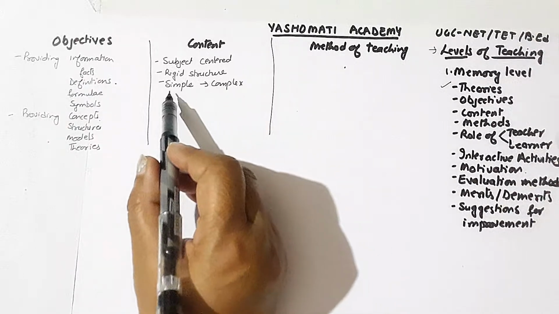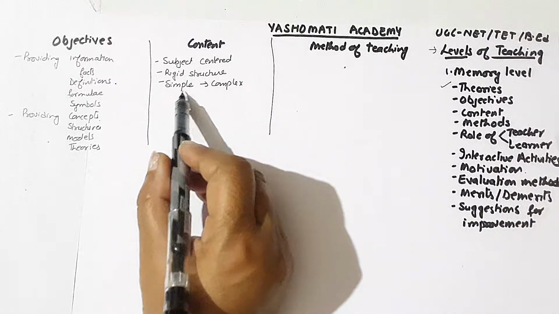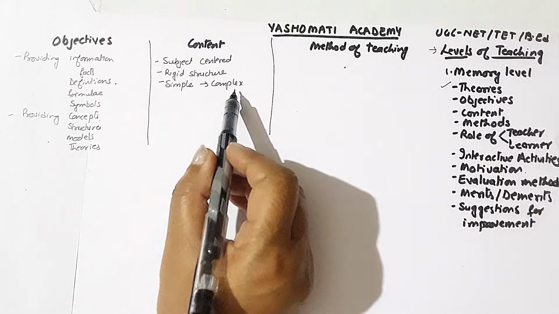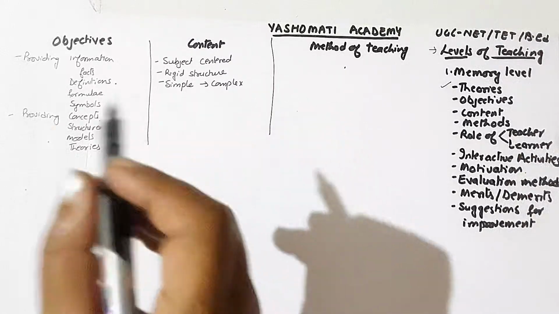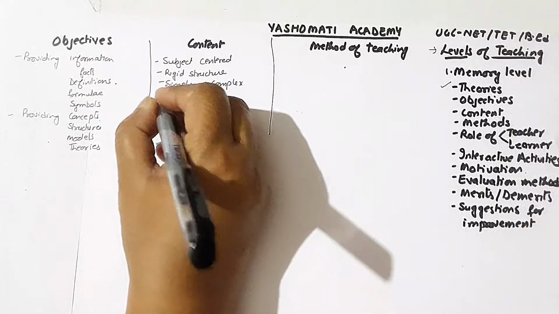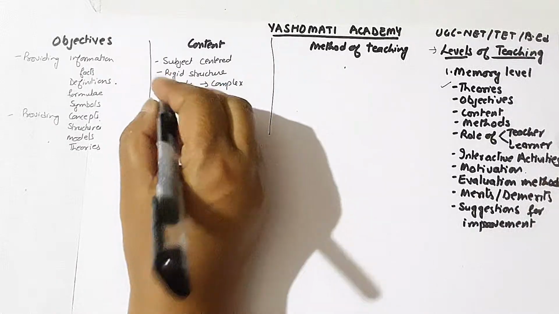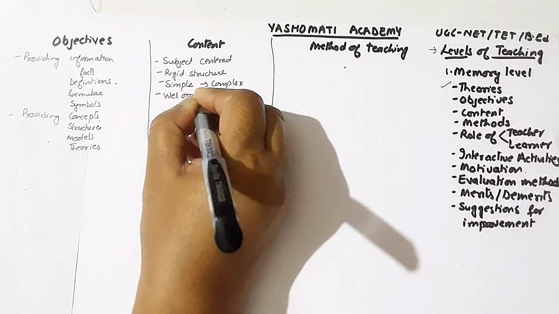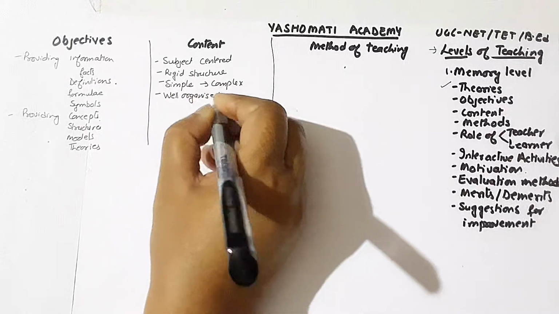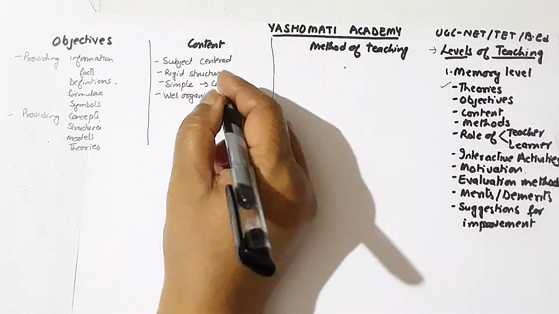If the learner has not memorized the simple content, he will not be able to memorize the complex content. Another characteristic of content that is to be used here is that it should be very well organized, and this organization has to be rigid.